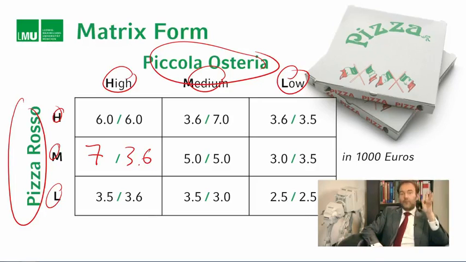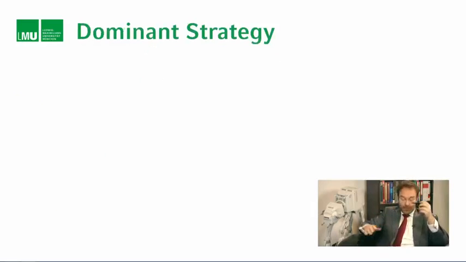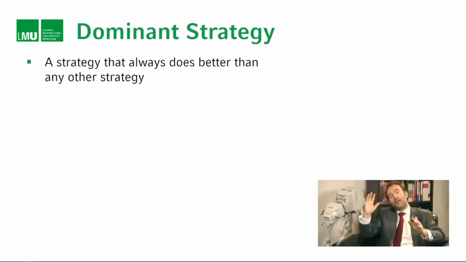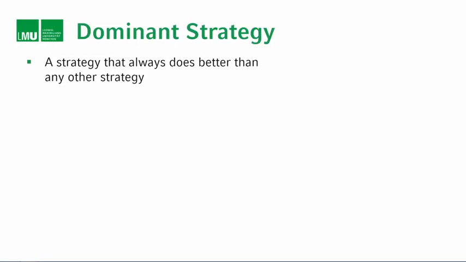So from that, we can try to find out what outcome is likely to happen. To help this along, I want to look at two particular concepts. One is a dominant strategy. A dominant strategy is a strategy that always does better than any other strategy, regardless of what the other players do.